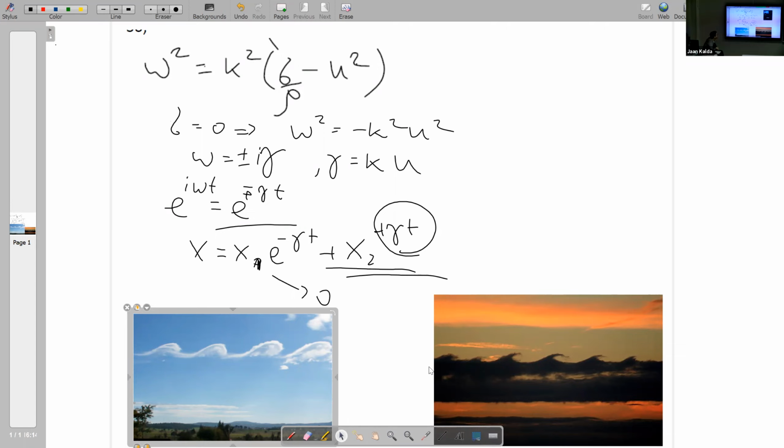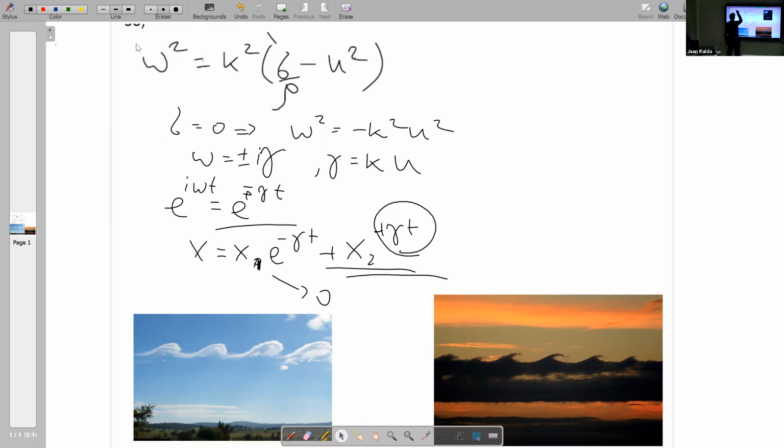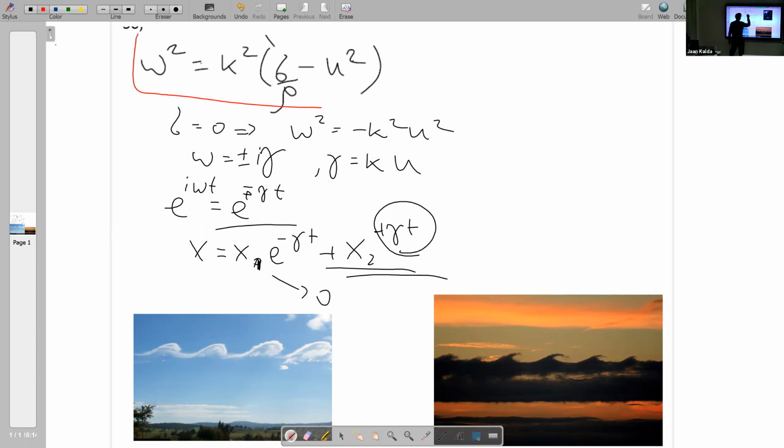If you have gravity here, then you have a similar term with plus sign on the right-hand side of that so-called dispersion relationship. So a dispersion relationship which relates omega to k.